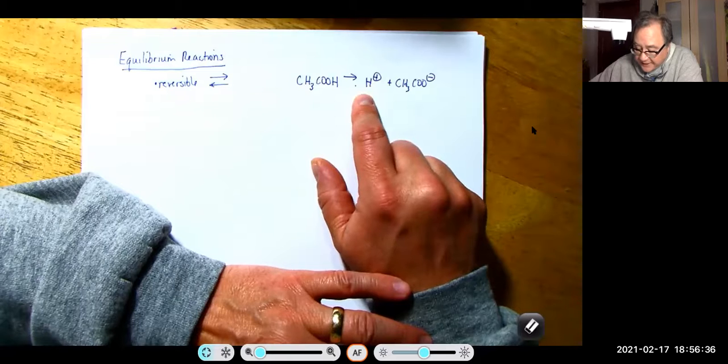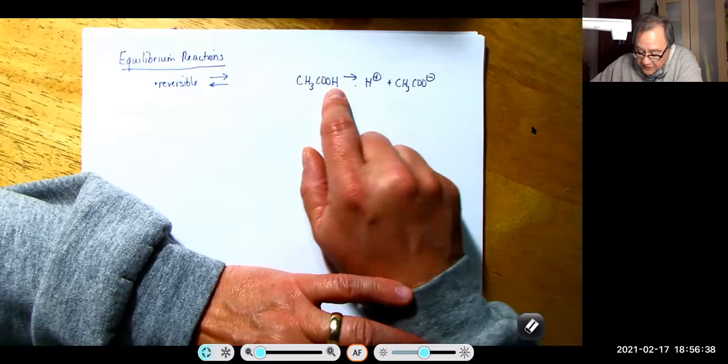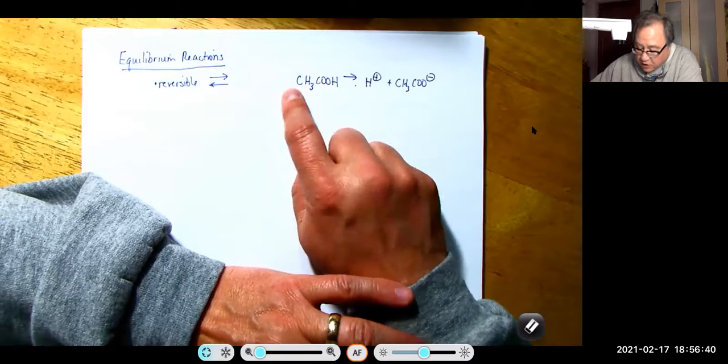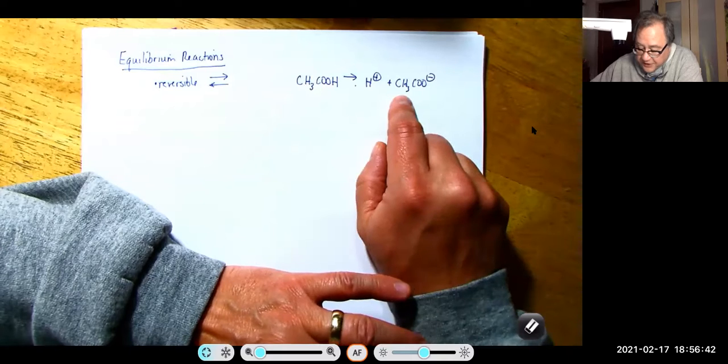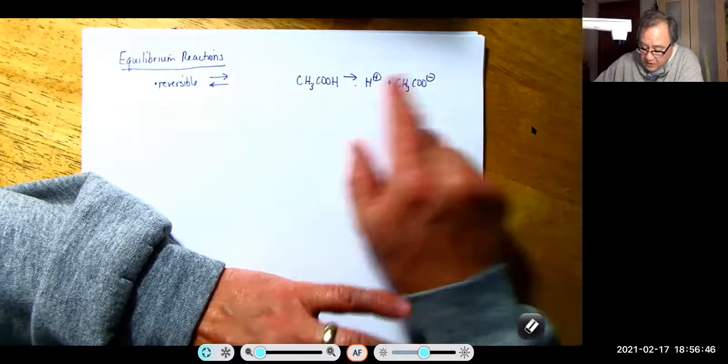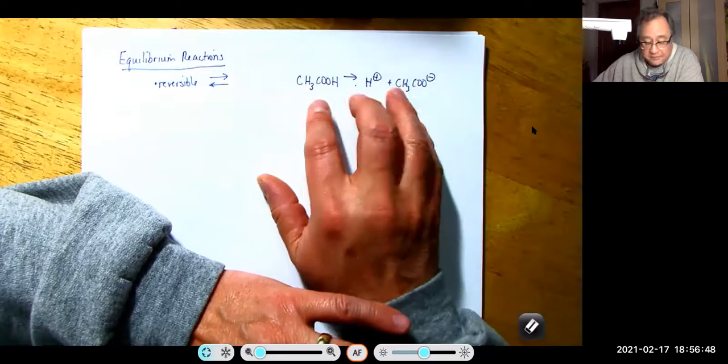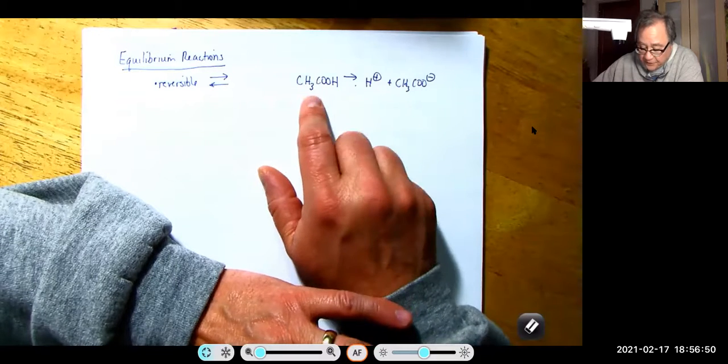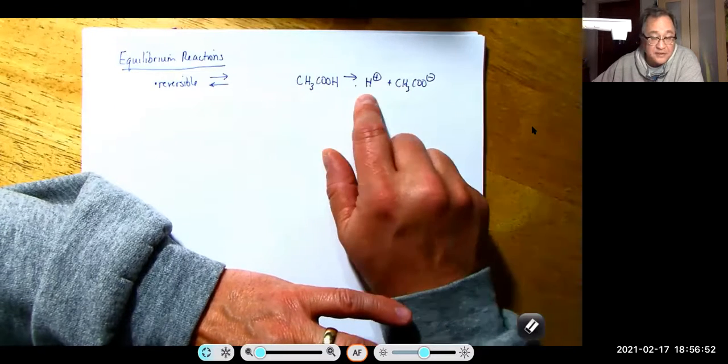And what remains when we take away this H plus on the end is CH3COO. And if this is an H plus, this has to be a negative charge so that the charge is balanced. Because on the left, this is neutral. And on the right, these things have to add up to being neutral.